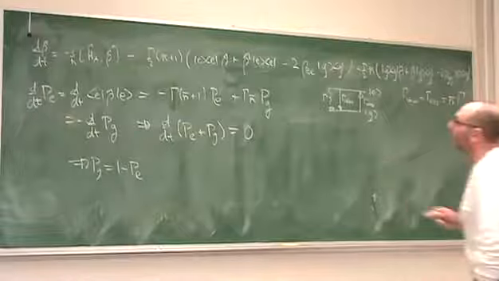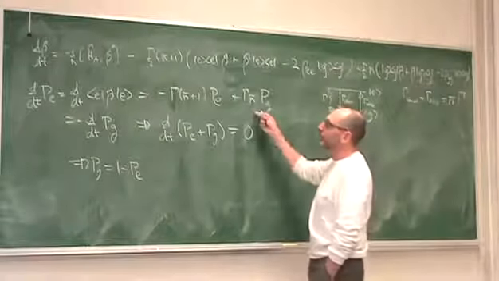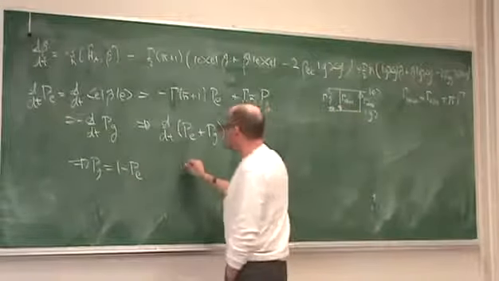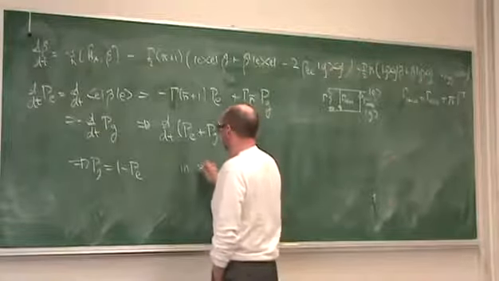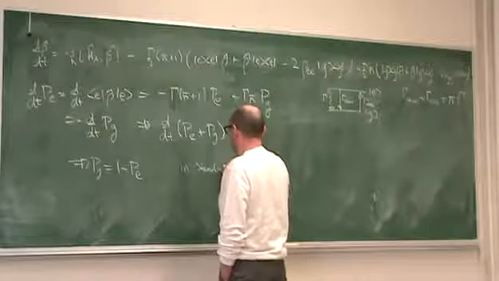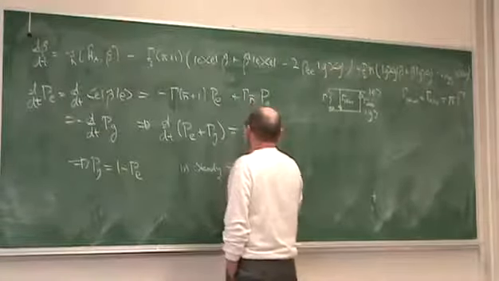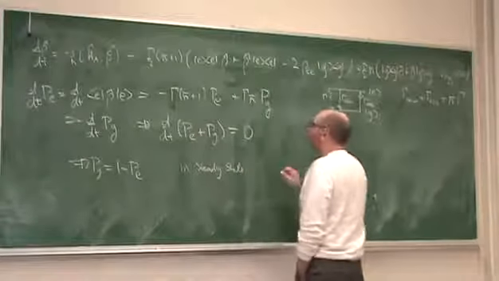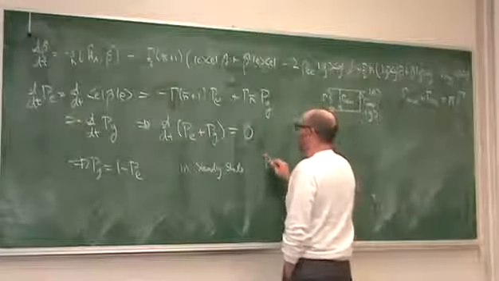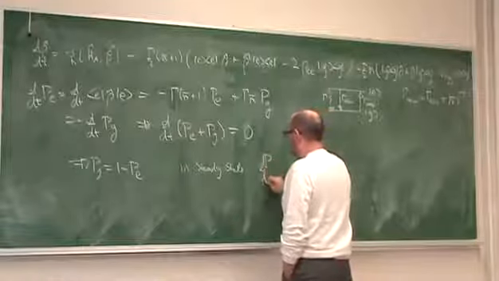So what we see here is the approach to equilibrium. In steady state, the population is no longer changing.